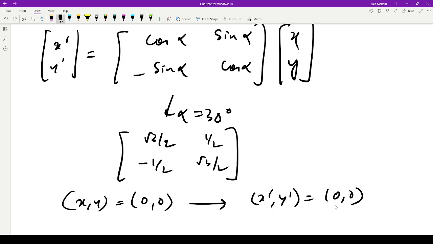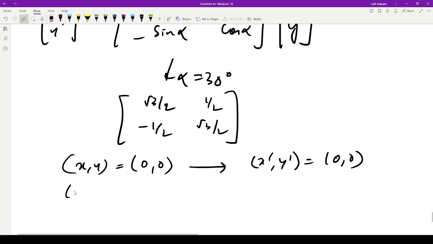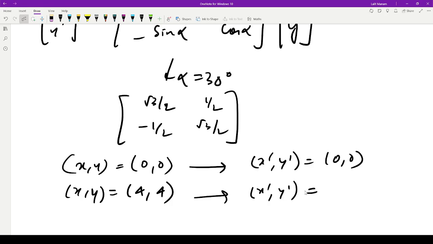Yes, the origin will remain origin. Next, if I take x comma y as 4 comma 4, what will be x prime y prime? Just multiply by 4, so 2 root 3 plus 2 will be the x coordinate, and y will be 2 root 3 minus 2.